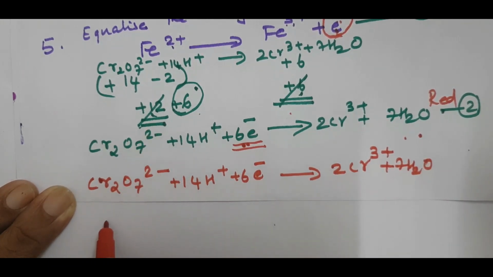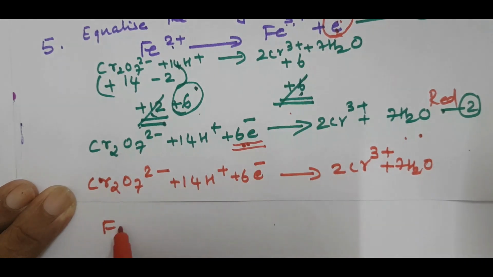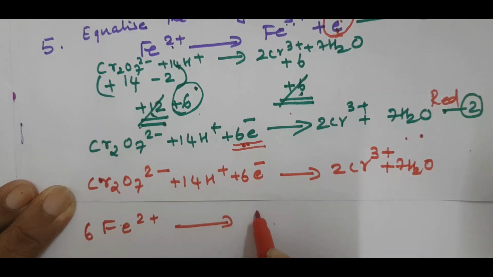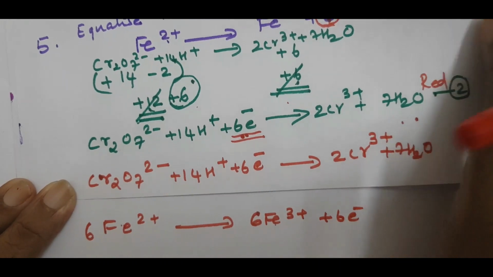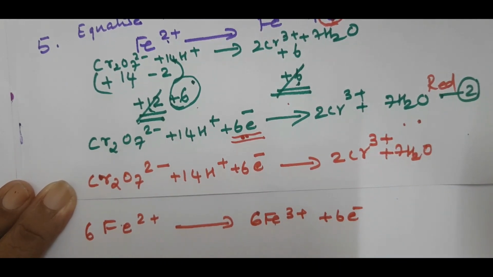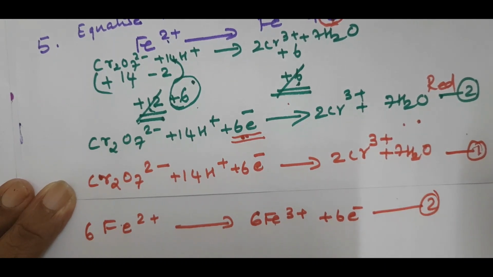Correct? Now for the second, you have to get 6 electrons. So 6 Fe2+ gives 6 Fe3+ plus 6 electrons. Clear? So now you have the electrons also correct. This is the first equation and this is the second equation.